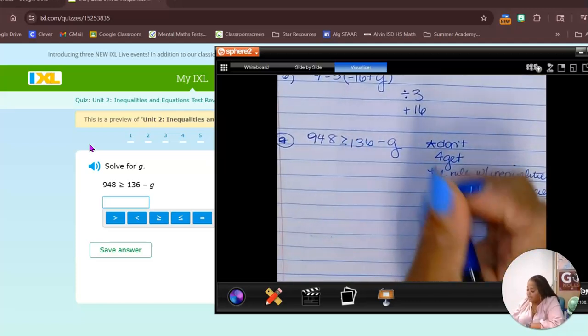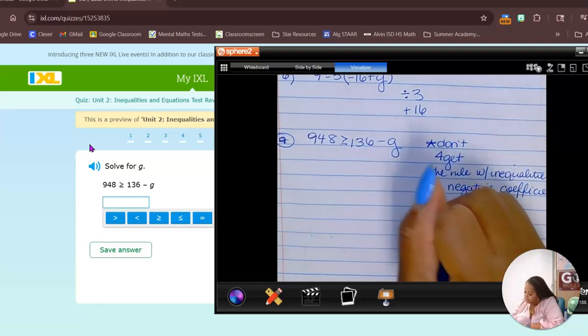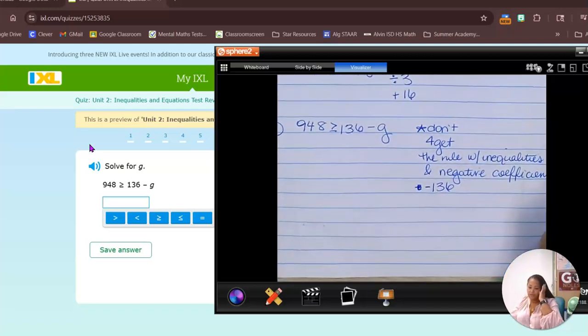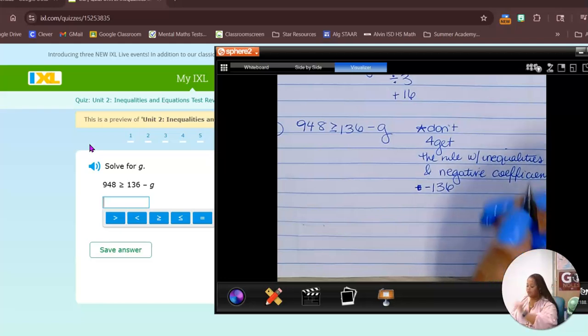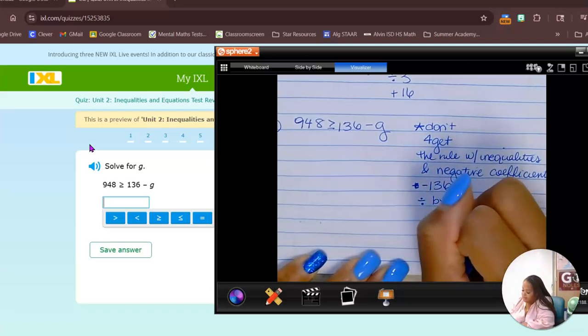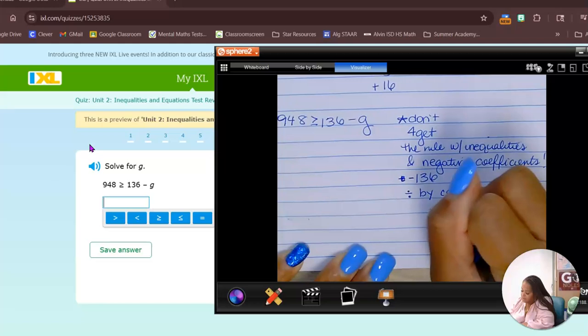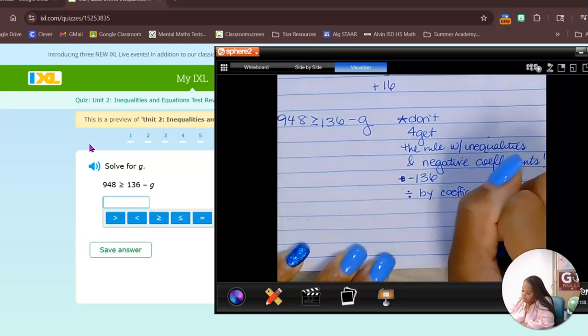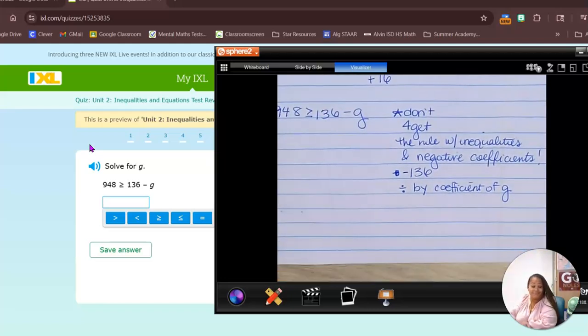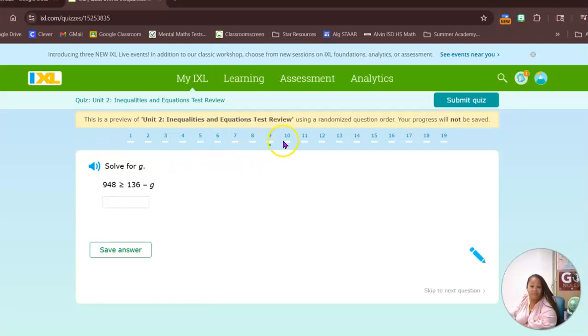So first we must add 36 to both sides. Subtract 136. I don't even know where I got 36 from. I totally disregarded that 100. So subtract 36 from both sides. And then I'm not going to tell you what the coefficient is, but you must divide by the coefficient of g. Hope you can figure that out.